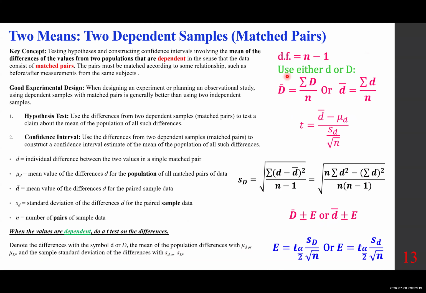Degrees of freedom is n minus 1. Use either d or D. D bar is the summation of D over n, and so on for all these formulas that you see. If you look at the X bar and you change the D to X, they are identical to those formulas that we have seen.